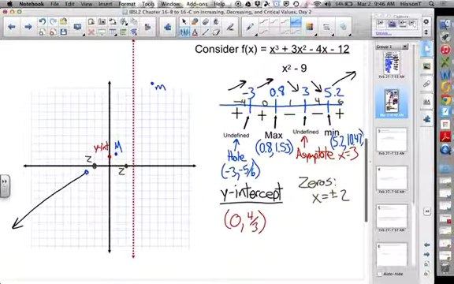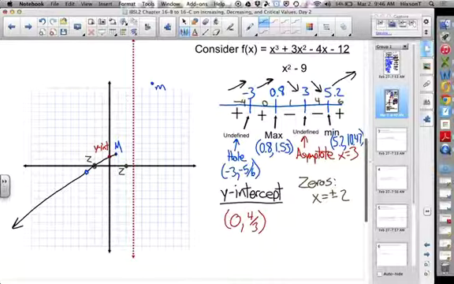Then from our hole to the max point, we're increasing. As I increase towards the max, notice I should hit my zero and my y-intercept as well. If at some point it doesn't make sense to hit those, then you know you did something wrong.